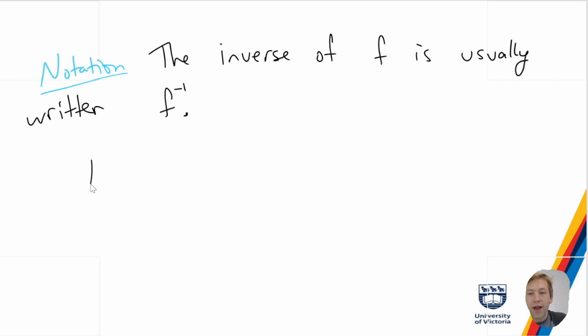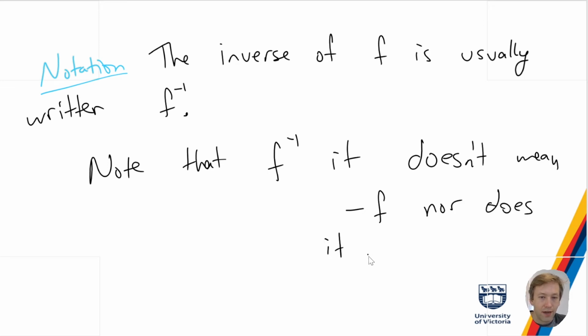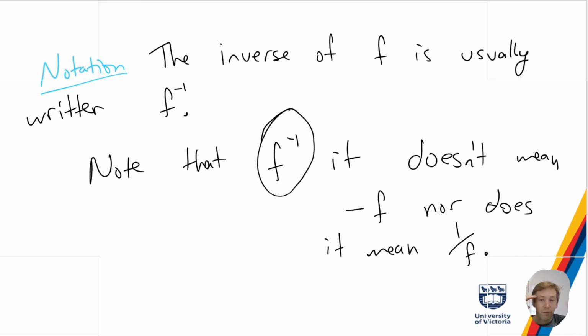But note that if I write the inverse of f, it doesn't mean negative f, nor does it mean 1 over f. If somebody writes f with a -1 up there, it means inverse. It doesn't mean negative f, and it definitely doesn't mean 1 over f either.